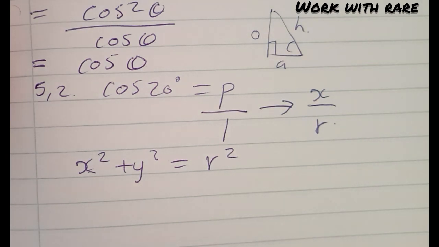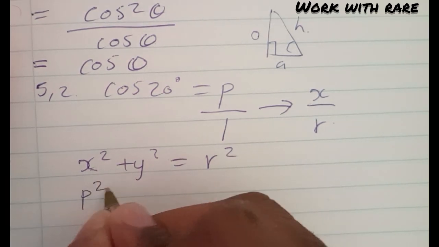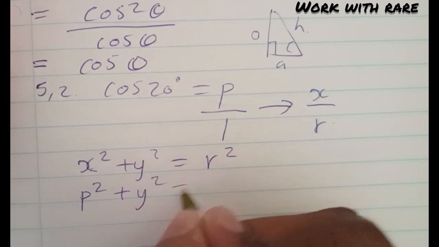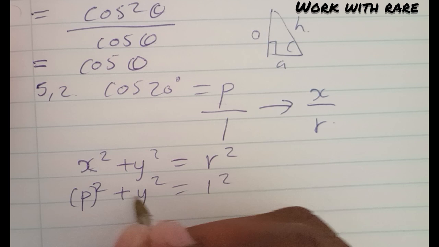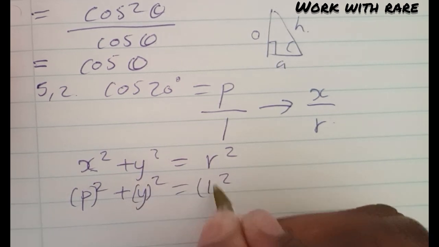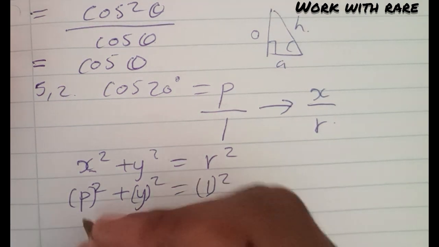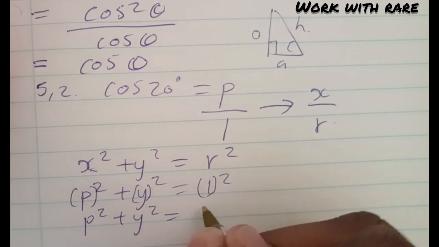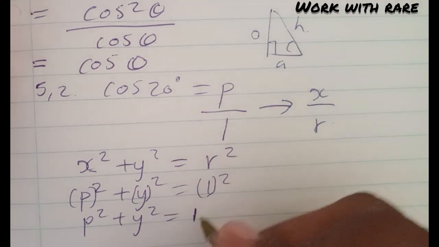So our x value here is p, so I'll say p squared plus y squared, I don't know the y value, but I know the r value, which is 1 squared. Yes, you can put this in brackets in case sometimes you get a negative value. But if we break this bracket, we will remain with the same thing, but here it will be just 1 because 1 squared is 1.